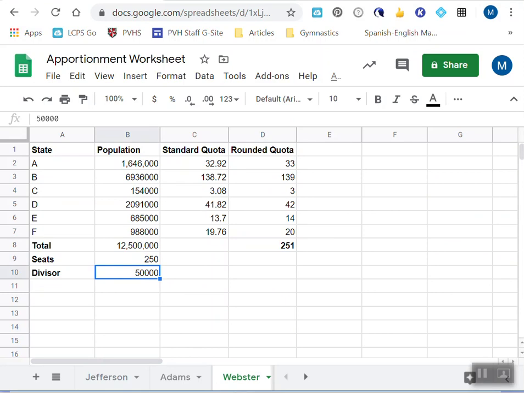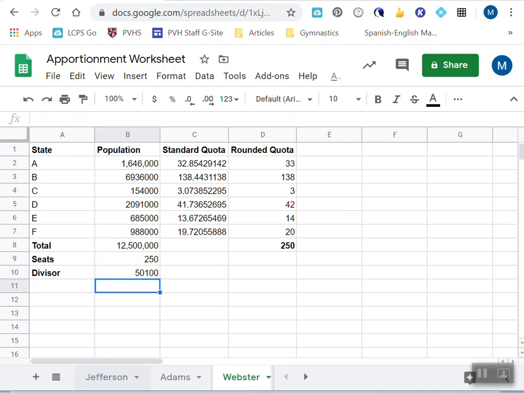So, since I have given out too many seats, I need to make my divisor larger. So I'm going to try 51,000. No, that's too many. Maybe 50,500. Oops. No. Maybe 50,100.